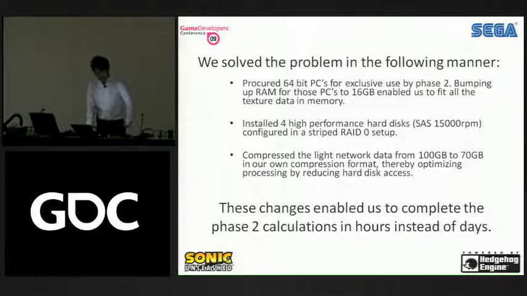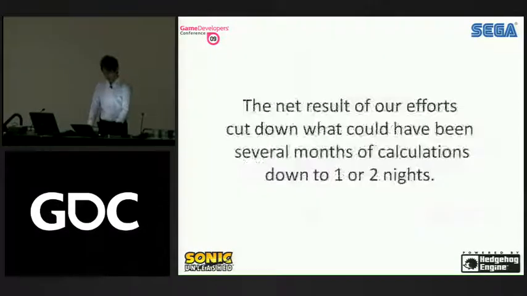Also, we used a fast hard drive with a RAID 0 striping configuration, so we have a much faster speed. Also, we compressed the light network data from 100 gigabytes to 70 gigabytes. By doing this, we reduced the access to the hard drive so that we could finish the calculation within hours. That was really good.